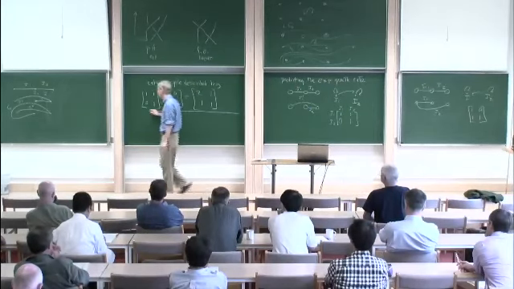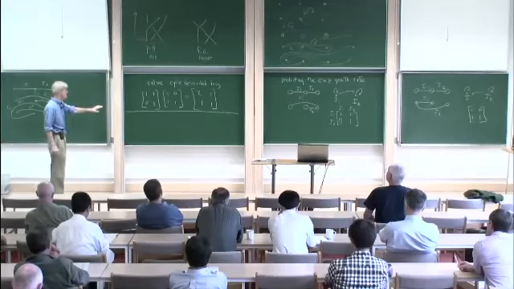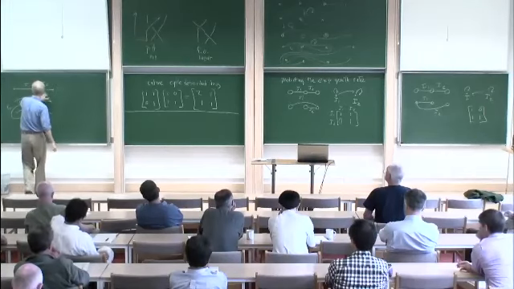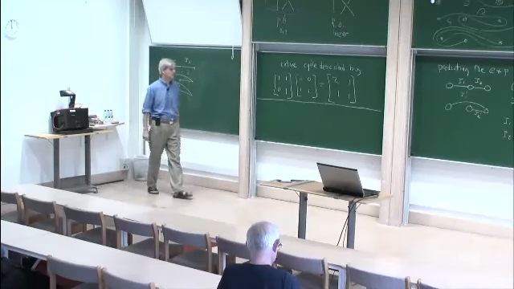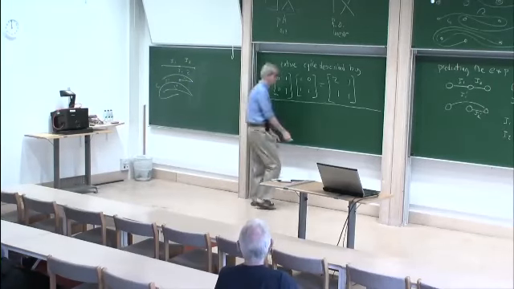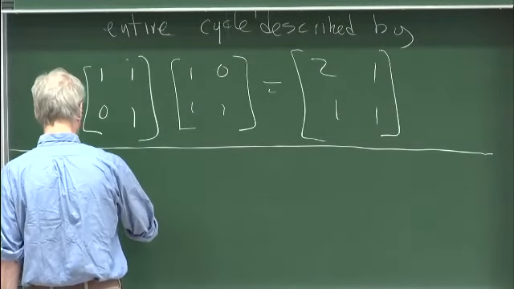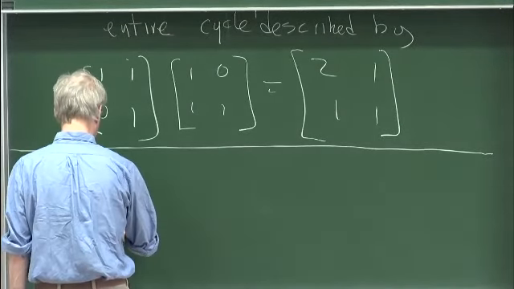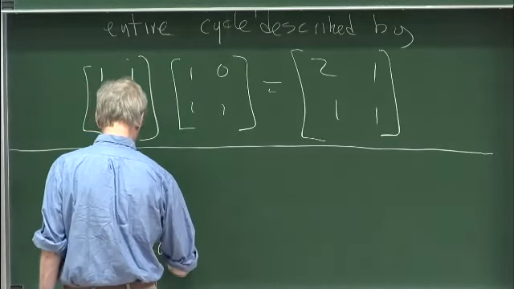All right, so now the question is, what's the growth rate? Now we know this matrix says that this arc goes across this one twice, and then we repeat the process. We want to know, so what's the length after n cycles?